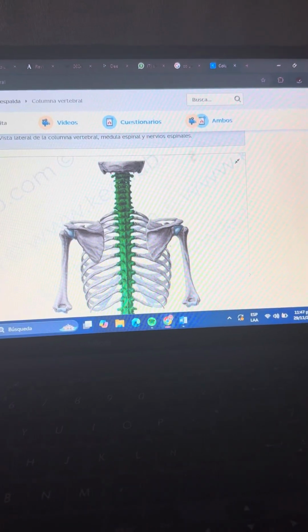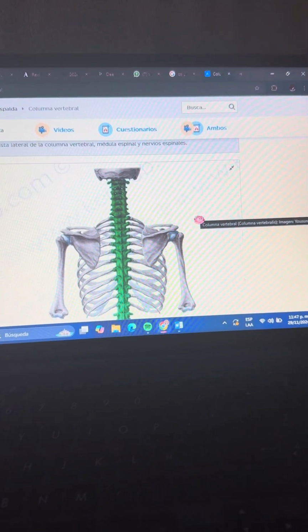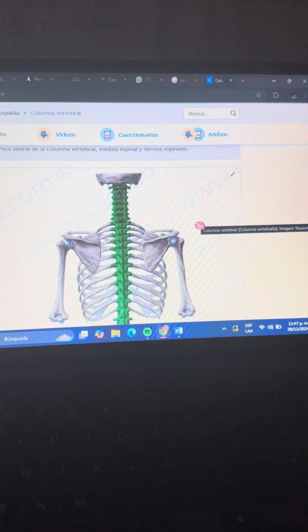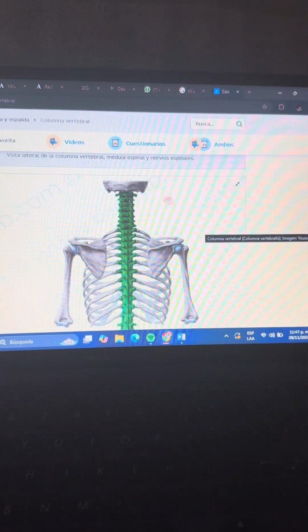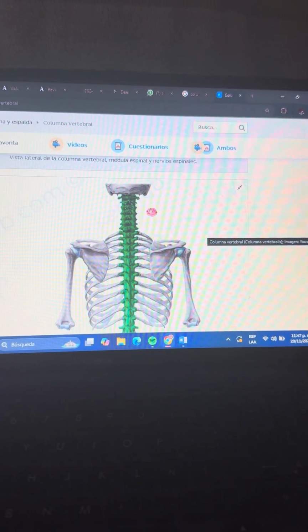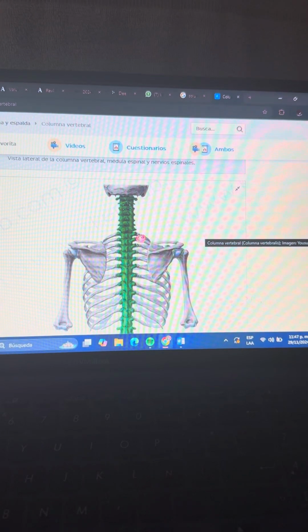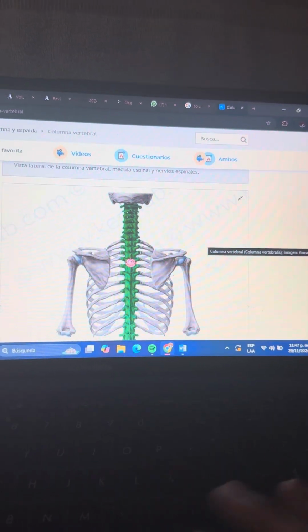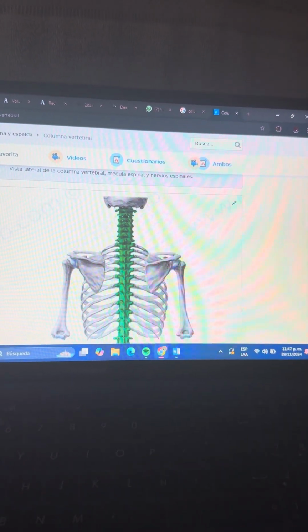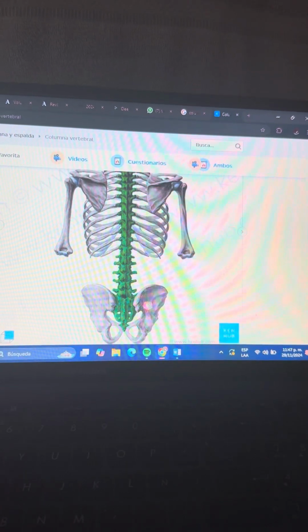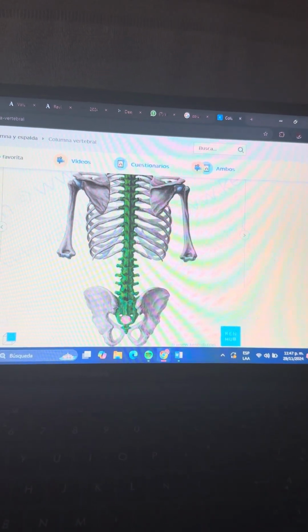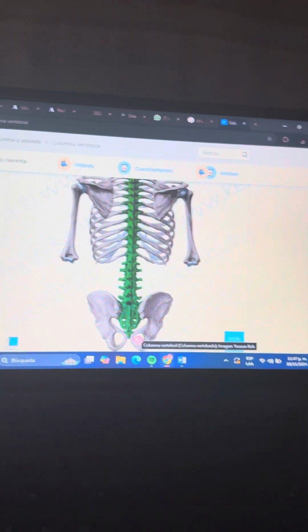The video is about the spine and talks about how the spine is made up of 24 separate vertebrae. It also contains the sacrum and coccyx.